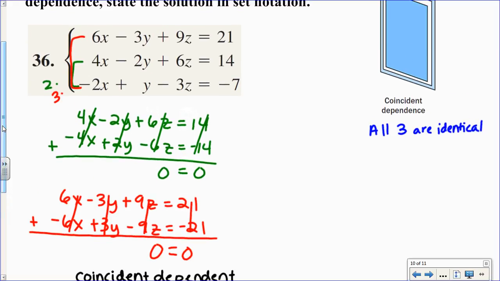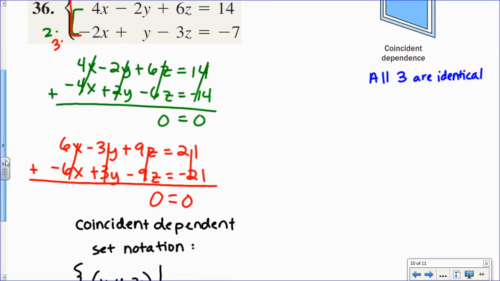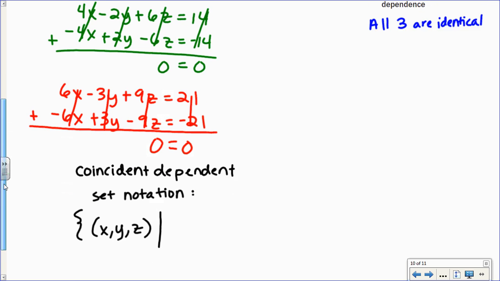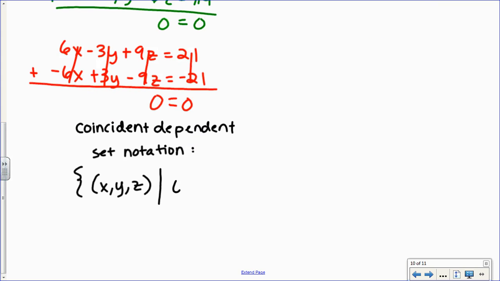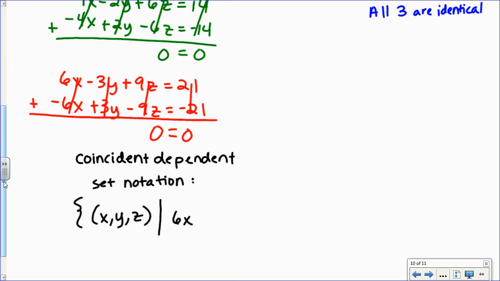I'm just going to pick the top one, but you could choose any three. So x, y, and z, any ordered triple is good as long as it's 6x minus 3y plus 9z, thank you, equals 21.